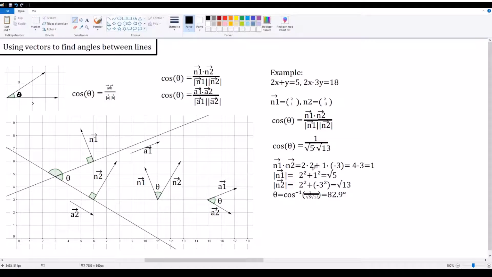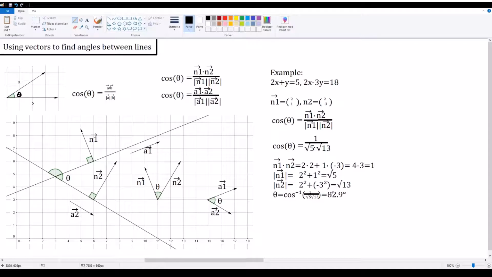Here we simply use Pythagoras with the x step and y step as our catheti, while our result is the hypotenuse, which is the length of the vector. So 2 squared plus 1 squared gives the square root of 5 to input here, and we do the same for n2, ending up with the square root of 13.